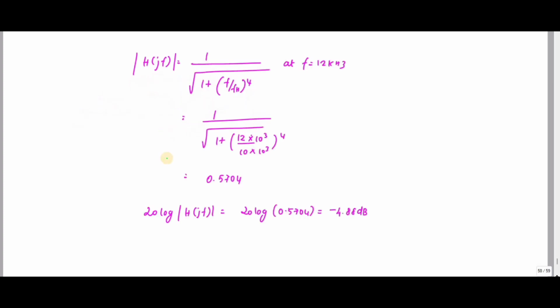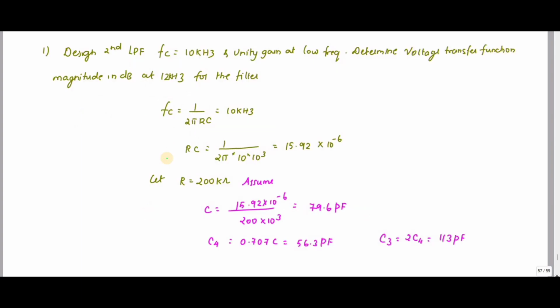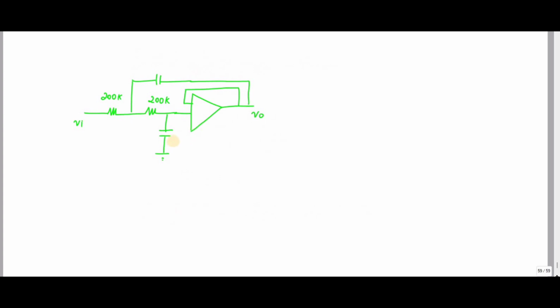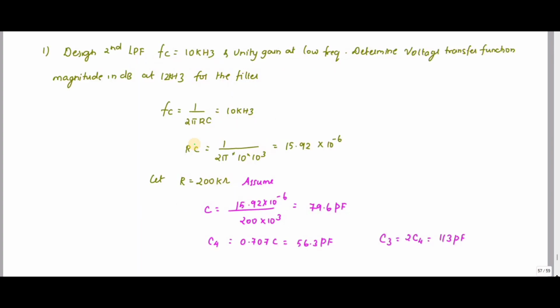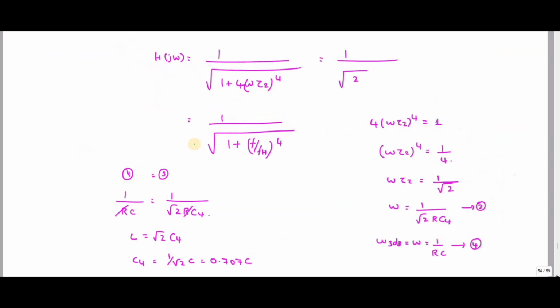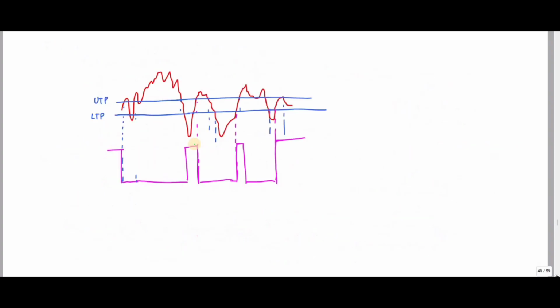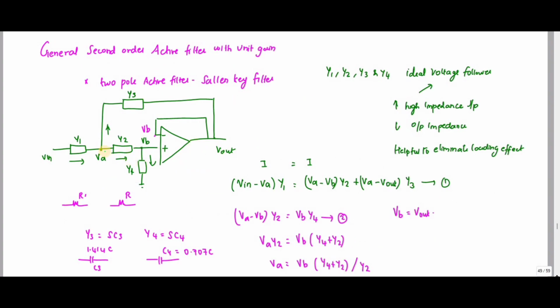C4 is 79.6 picofarad, and this one is 130 picofarad, right? So this is your general diagram. I am going to substitute R for Y1 and Y2, and for Y3 and Y4 I am substituting the capacitance values.